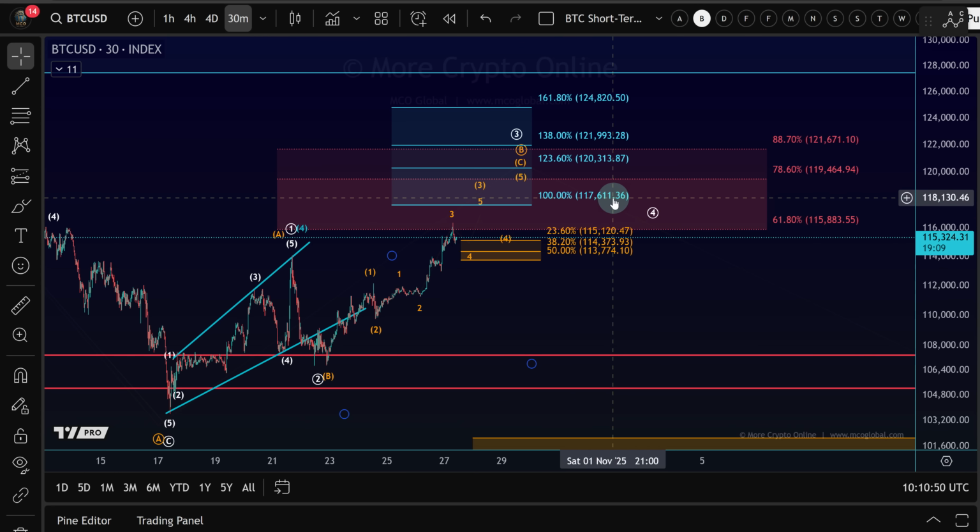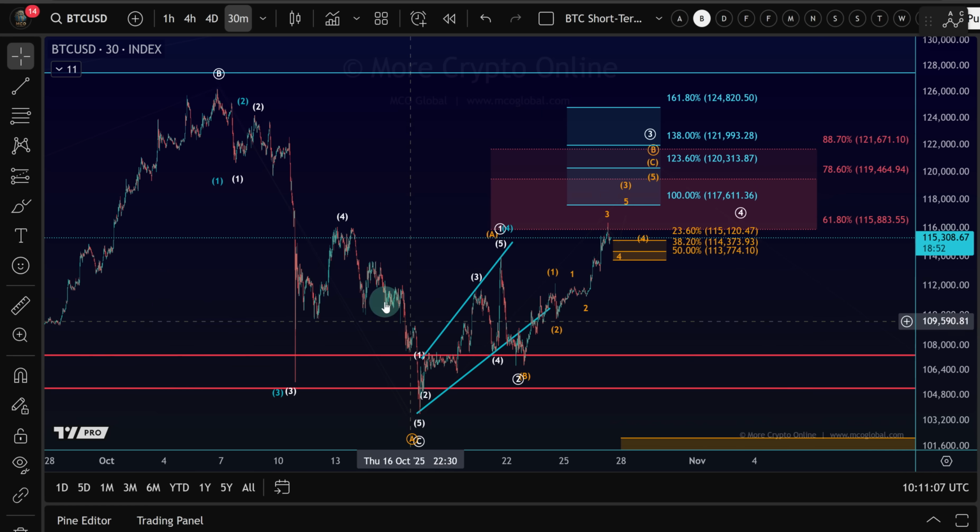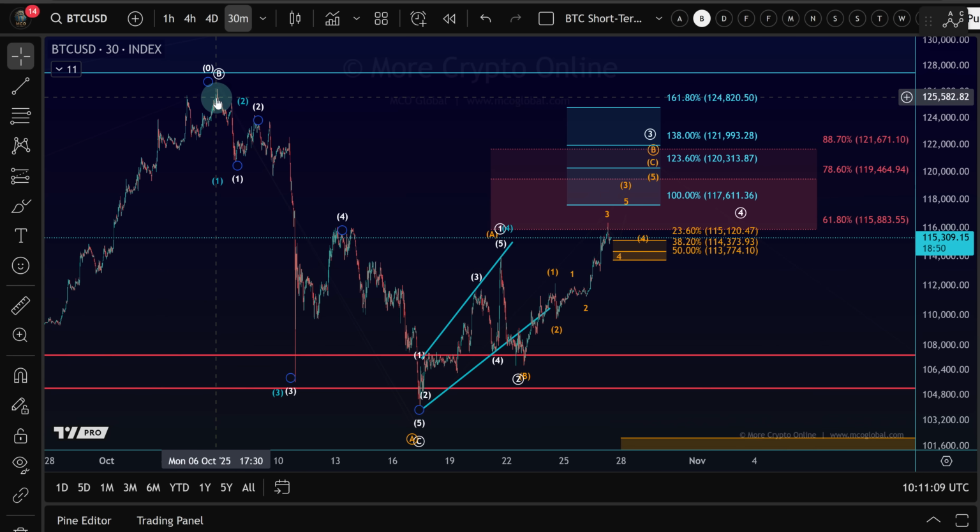Now, there is only one more level that needs to be broken before we can get there. And that's the 115,883 level. Shouldn't be a new one. We have talked about it, but it's been on the chart for a few weeks now. It's the 61.8 retracement of the last decline that started in October at the all-time high, when Bitcoin reached $126,300 roughly.